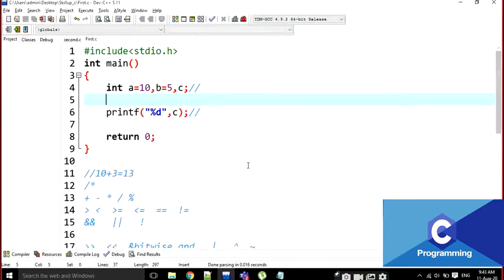Logical and. What is logical and? First of all, for example, I am going to write some condition 1, condition 2, condition 3, condition 4, like this. There are 4 conditions.